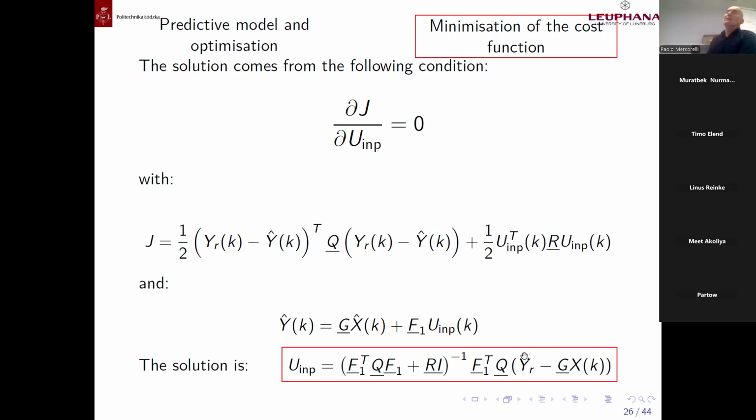And the difference between what I want to obtain, this is classical in feedback control. What I want to attain, I called here YR. At the beginning it was Y blue, do you remember? Y blue minus G multiplied by X. If you remember the matrix G, now we come back, it is the predicted output until the end of my horizon, as YR.